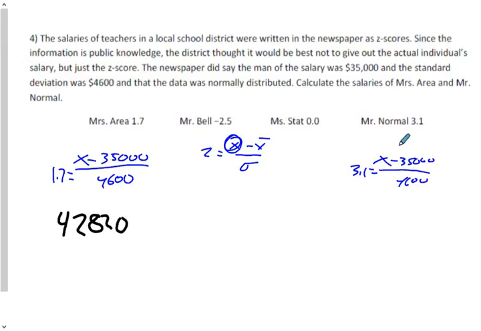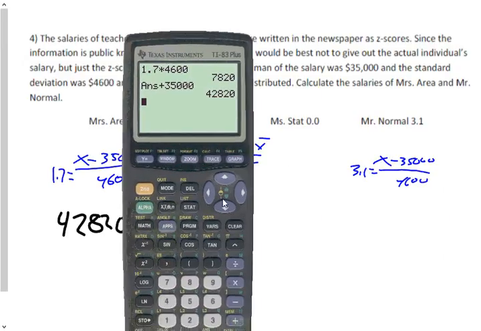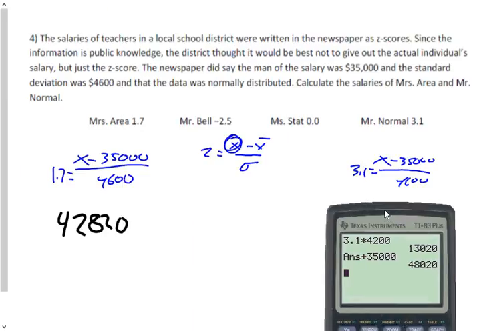Now, when we look at Mr. Normal here, his z-score was bigger, so his salary should be bigger. So I'm going to show you how I'm calculating this time. I'm going to do 3.1 times 4,200 plus 35,000. And yeah, we can see that that salary is indeed bigger because it was a bigger z-score.